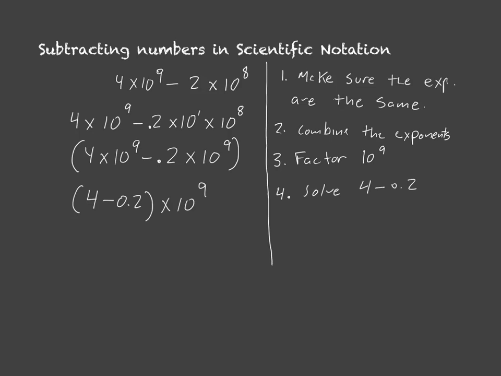If you don't feel comfortable, make sure that you show all your work. 3.8 times 10 to the 9th. Now, in this case, it's already in scientific notation, so there's nothing to do. Sometimes you will get numbers that are already in scientific notation, sometimes you won't. So if they're not in scientific notation, you need to put it in scientific notation.